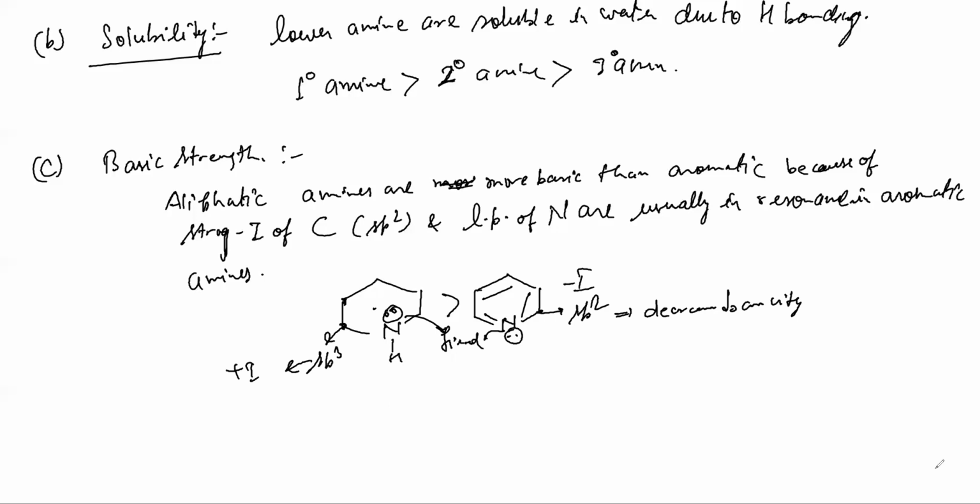And this could also be asked in your exams, in general, in aqueous medium. Two degree amine is greater than 3 degree amine is greater than 1 degree amine is greater than ammonia.